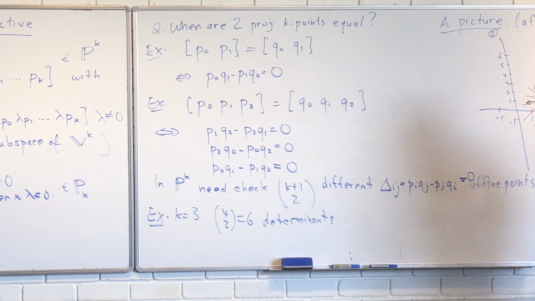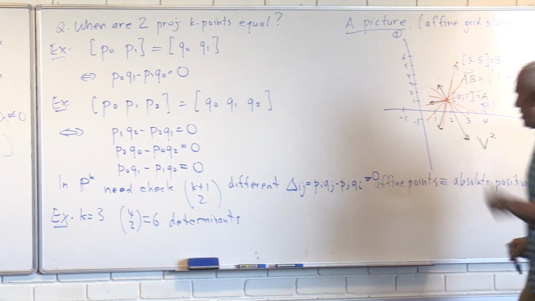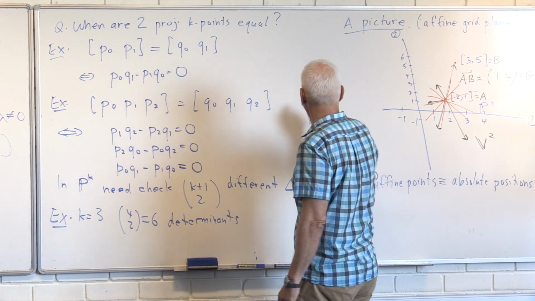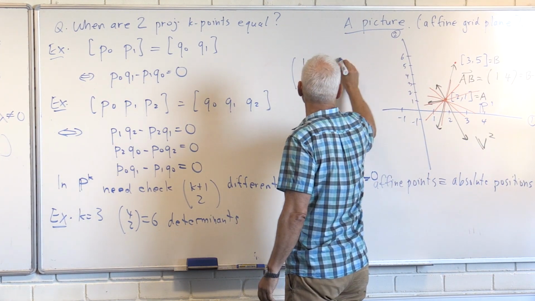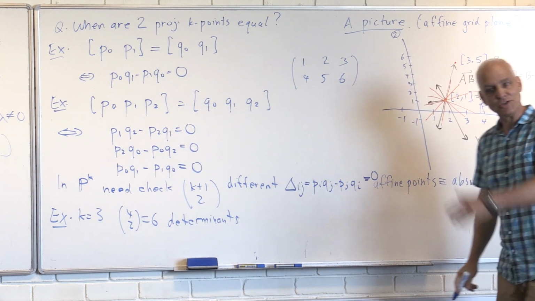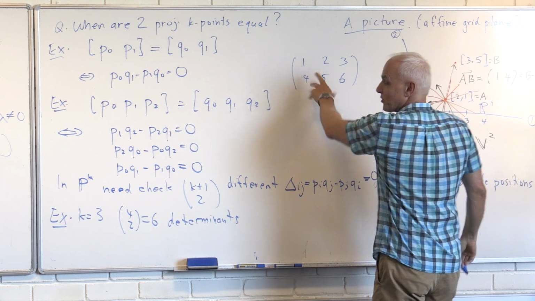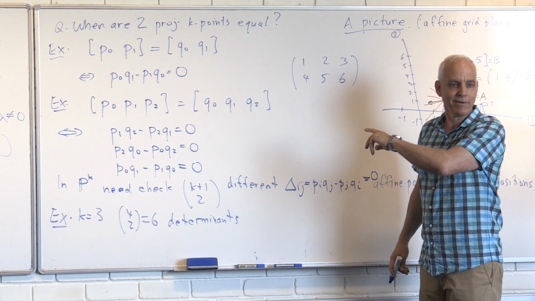In his point of view, these determinants play a central role. So for Grassmann, if you had a matrix like 1, 2, 3, 4, 5, 6, we look at that and say, oh, it's a 2 by 3 matrix. Grassmann would look at this and say, there are 3 2 by 2 determinants here.